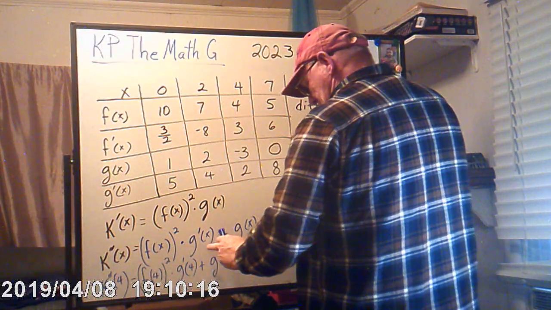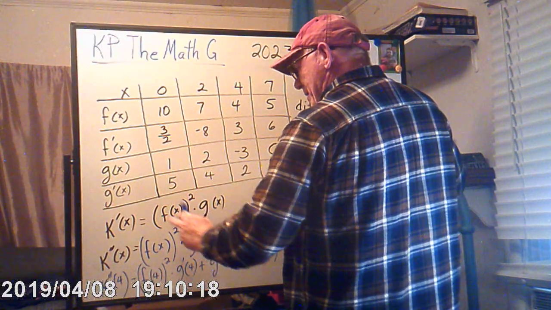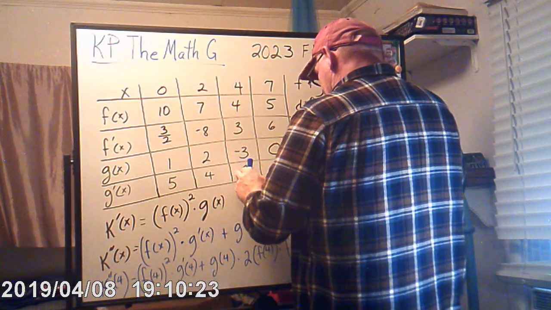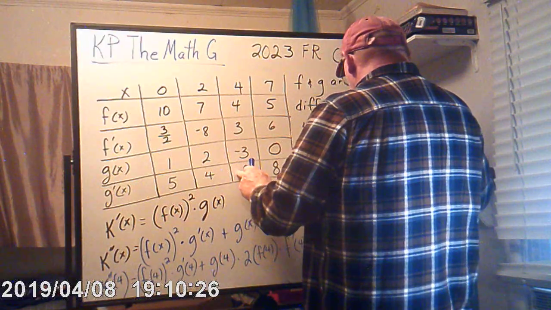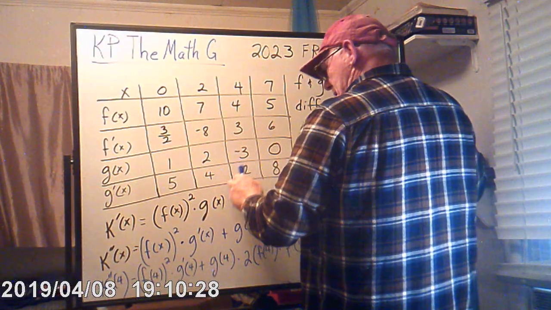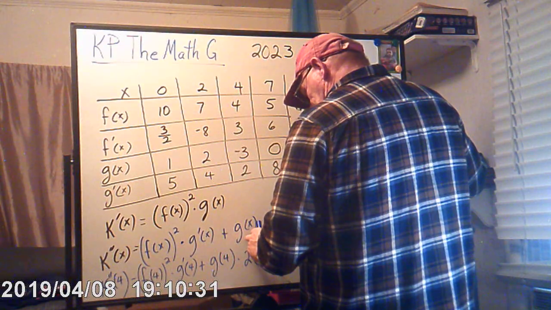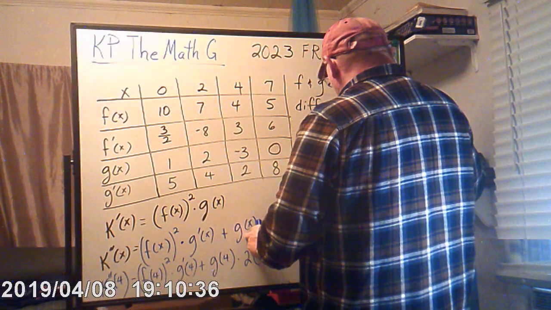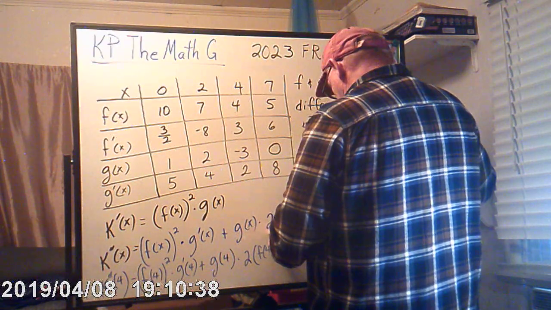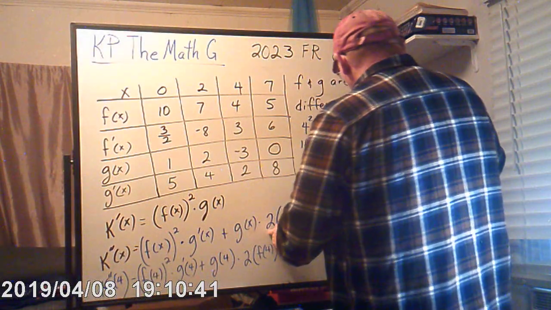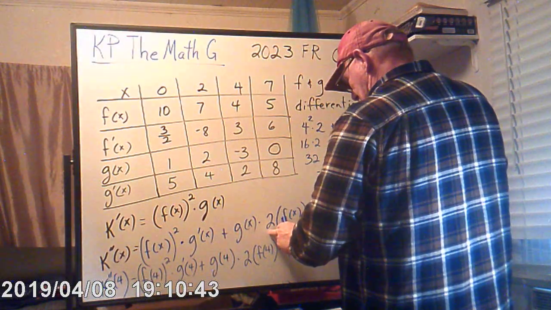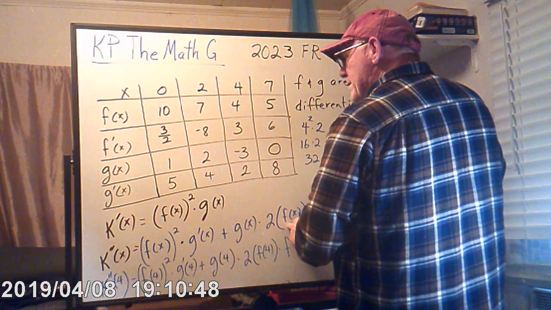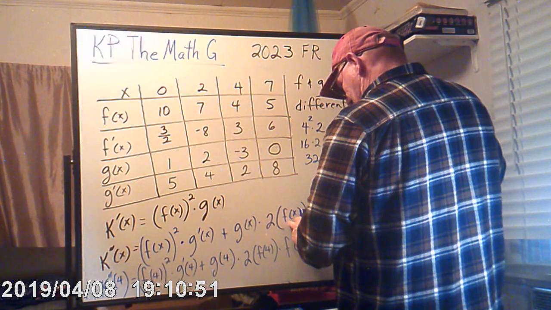Times G prime at X. G prime at 4 is 2. That's good. Plus, G at 4 is negative 3 times 2, 2 times L at 4.